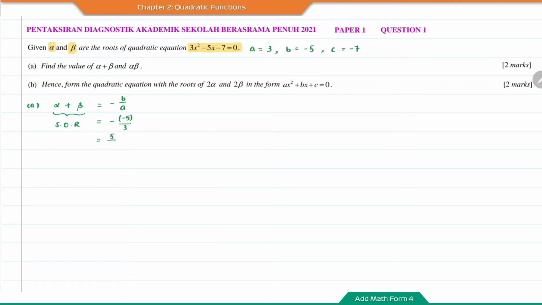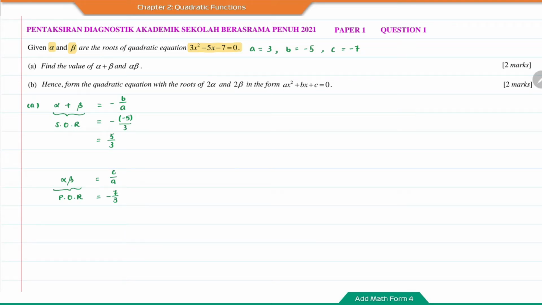Therefore alpha plus beta is equal to 5 over 3. Alpha beta is alpha times beta, the product of roots. Product of roots is equal to C over A. C here is negative 7 and A is 3. Therefore, alpha beta is equal to negative 7 over 3.